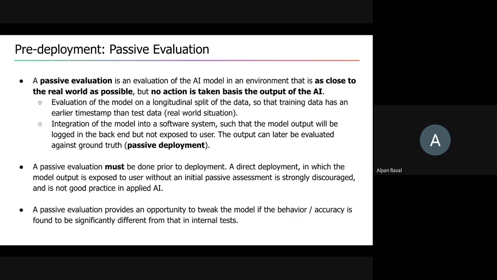You want to simulate a real world situation, but since you're still in evaluation mode, no action should be taken on the basis of the output of the AI. You just record the output and use it to evaluate the performance of the model in a real world situation. And this can be done in various ways.